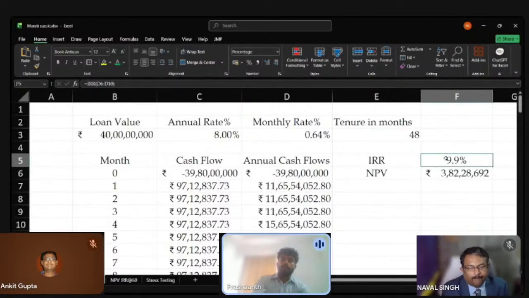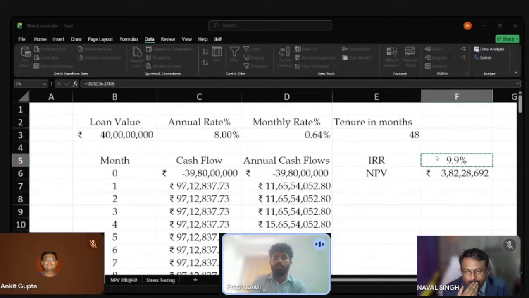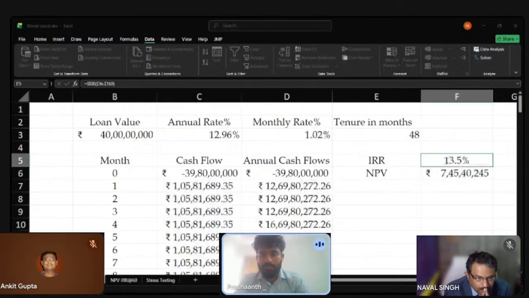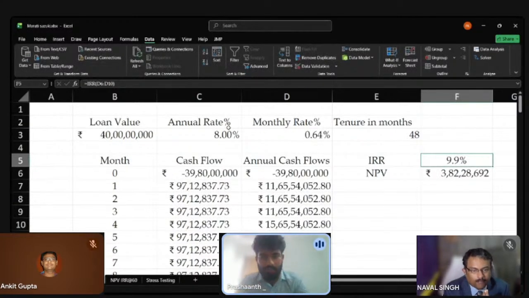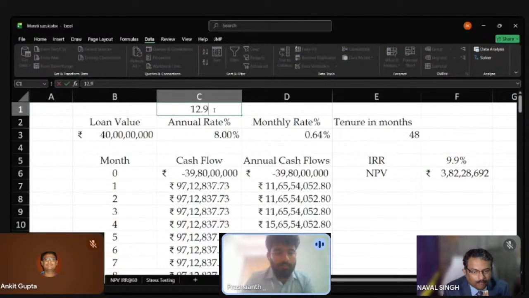IRR annually, unfortunately, we're not able to realize 13.5%, and we'll definitely see why. If I go to Goal Seek and set the cell value, it is basically asking us to charge an annual rate of 12.96%.